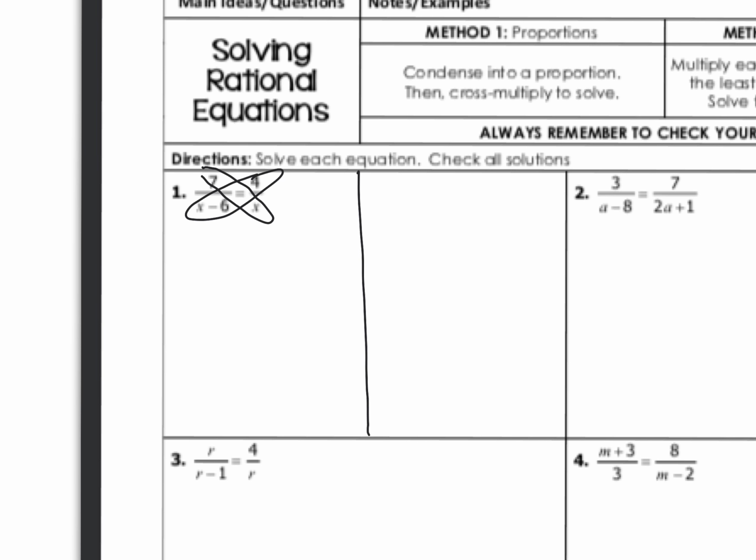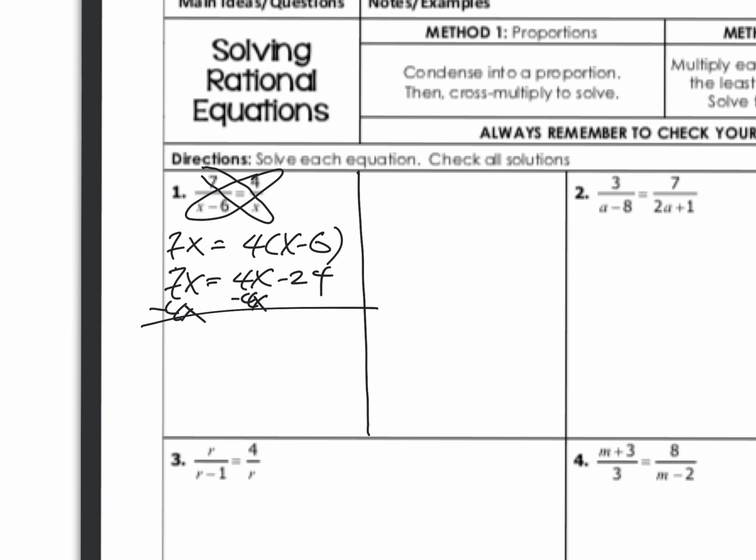So we get 7x equals 4 parentheses x minus 6. Let's solve. 7x equals 4x minus 24. Minus 4x to both sides, 3x equals negative 24. Divide by 3 to both sides. x equals negative 8.